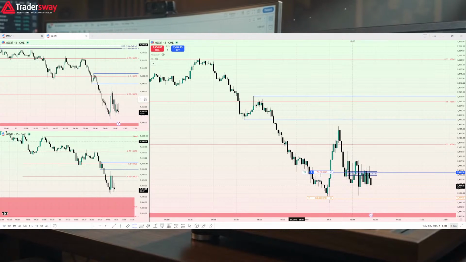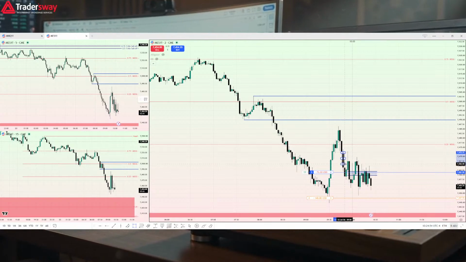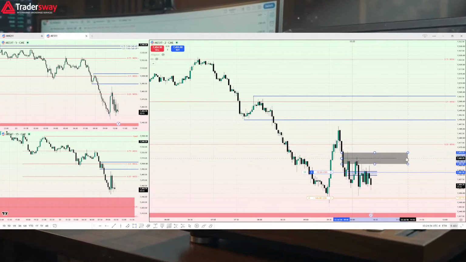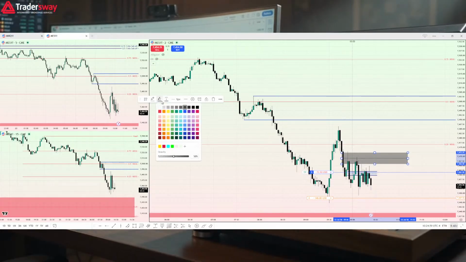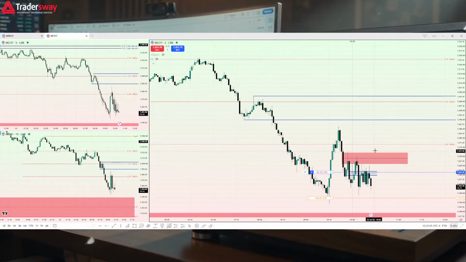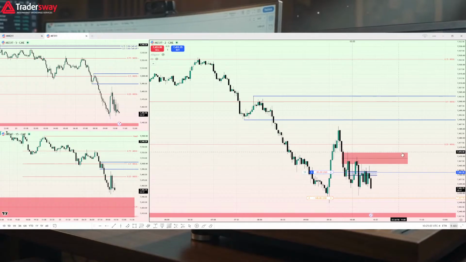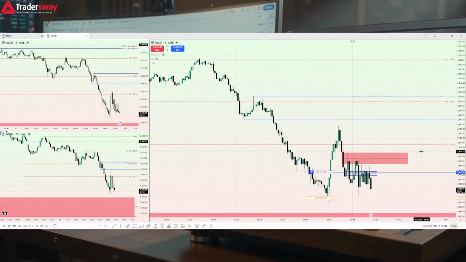The most important fair value gap is this one, because only this one is being respected. A good close above it can initiate the uptrend if there's going to be an uptrend.